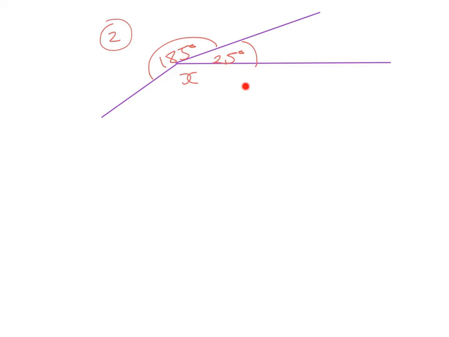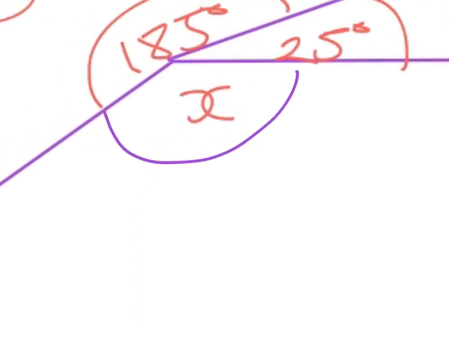So the second one here, I'm given three different types of angles, and obviously this one in the purple is the one I'm looking for, the x. And I'm going to zoom in at this point here, because this point here is a point, and I should remember that angles around a point add up to 360 degrees.